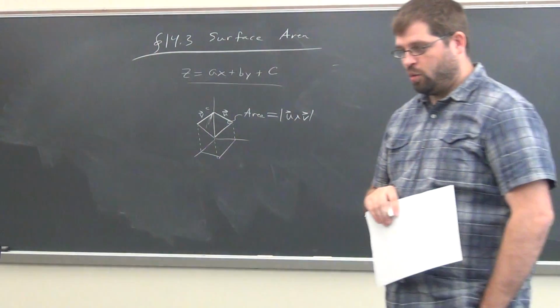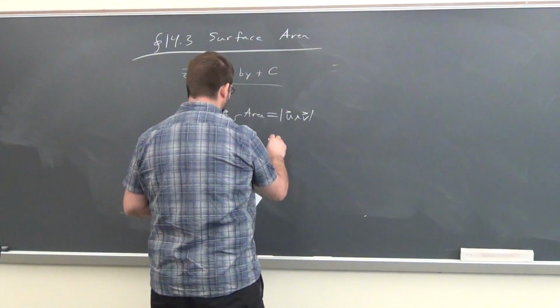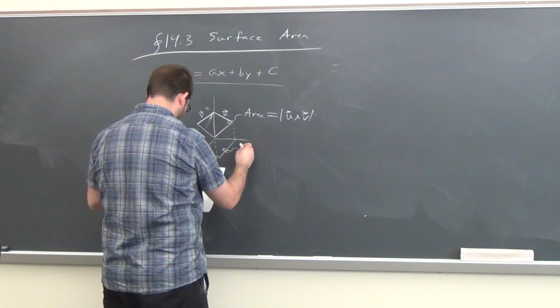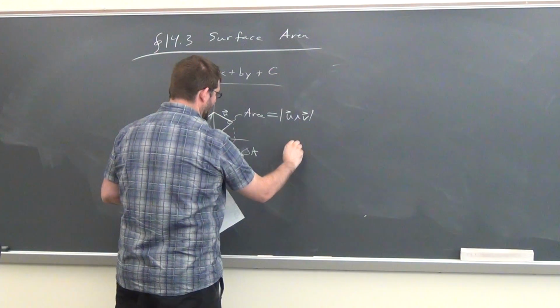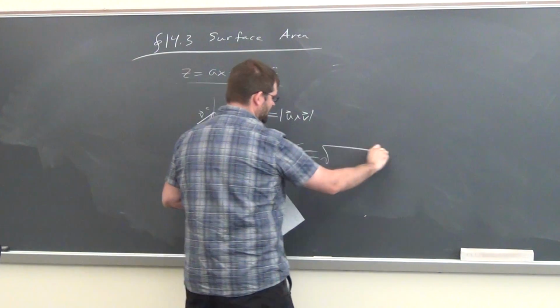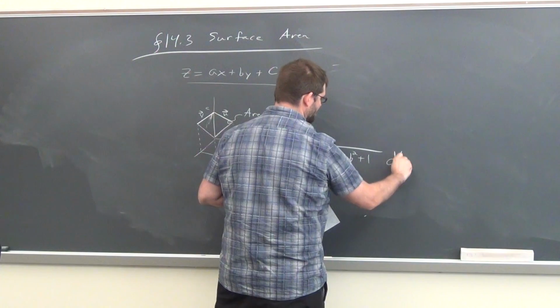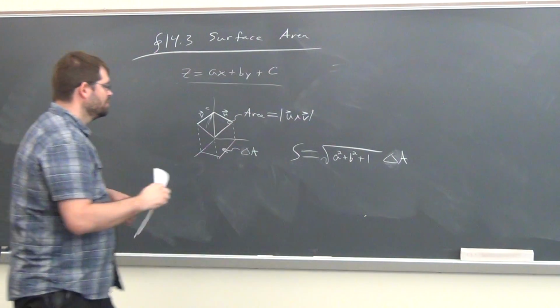And so, without getting too bogged down into the details, if you have some area down here, say delta area down here, you end up getting surface area becomes the square root of a squared plus b squared plus 1 delta area. Okay?